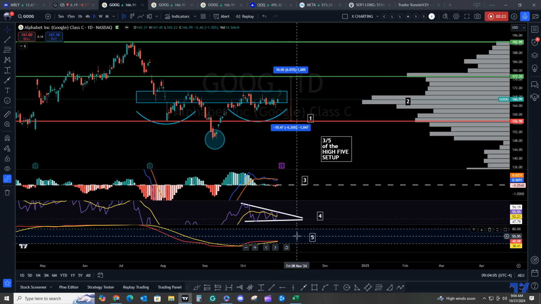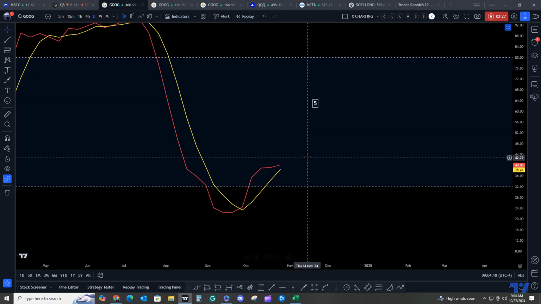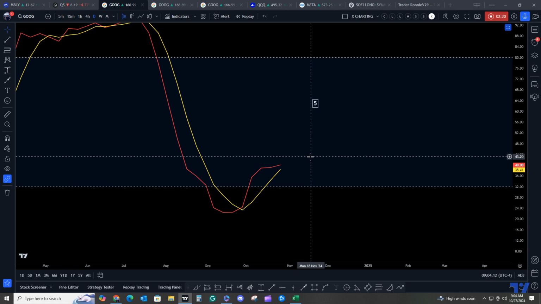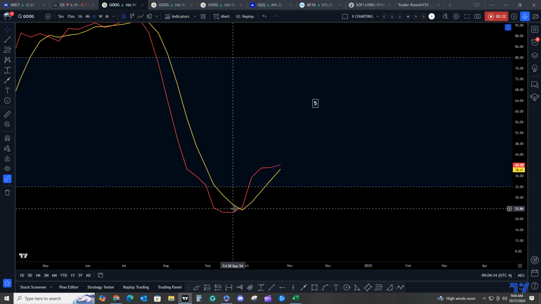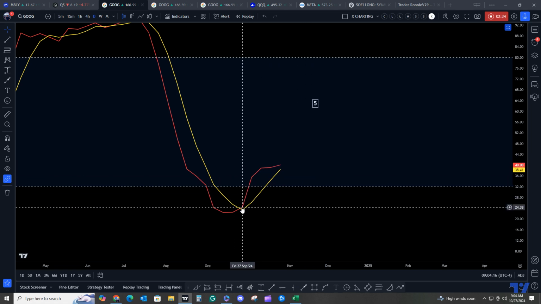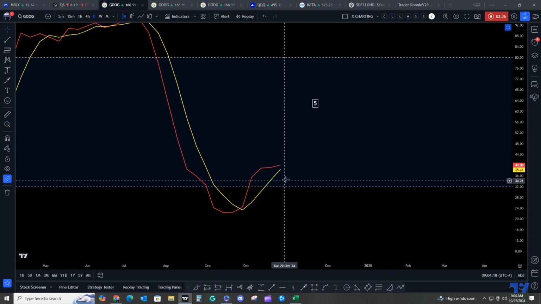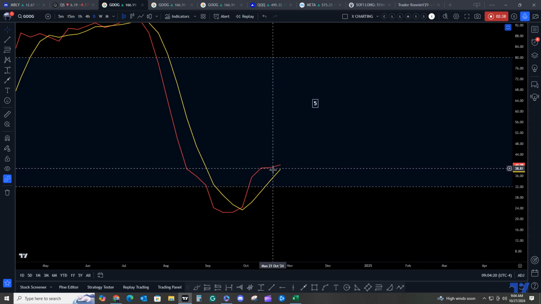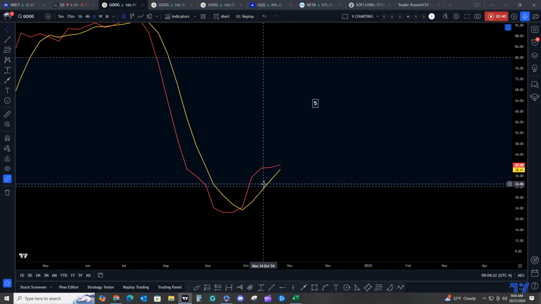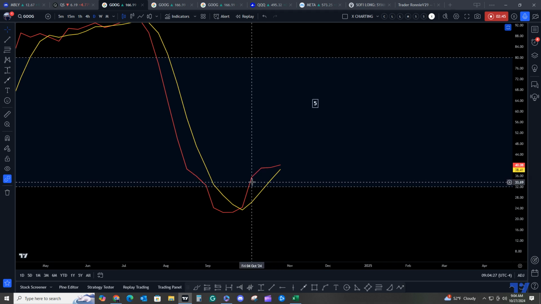The last indicator, which is going positive in Google's direction, is your trend or stochastic indicator. We have moved up into the sweet spot, red over yellow, a bullish indicator, but we are getting closer. The wider the gap between your red line and your yellow line, the more bullish it is.